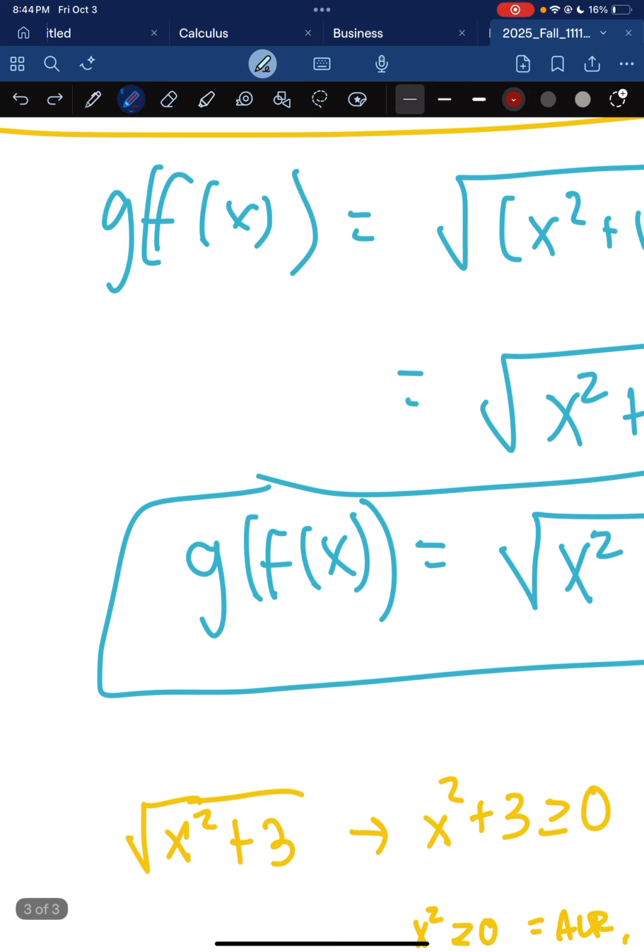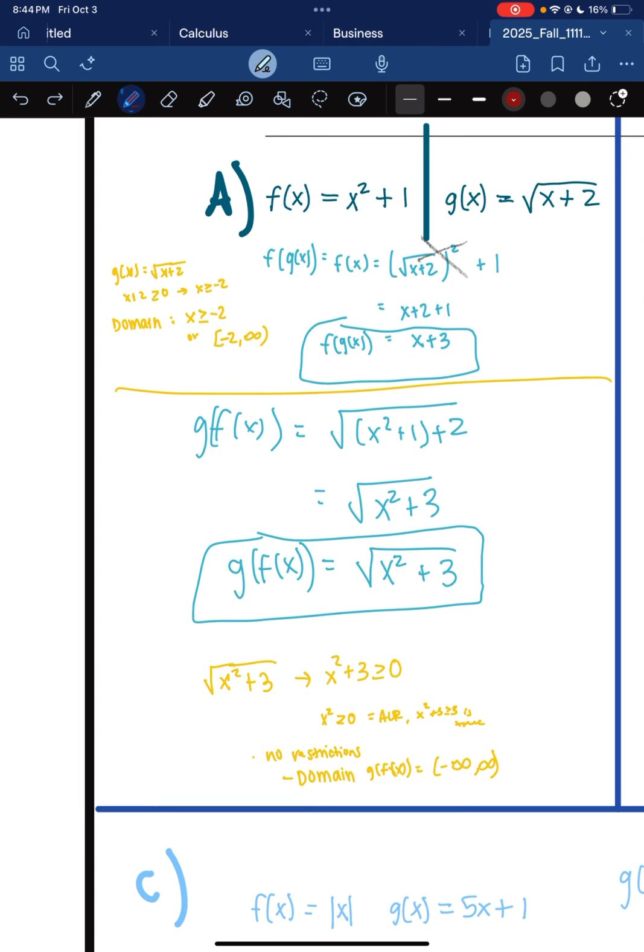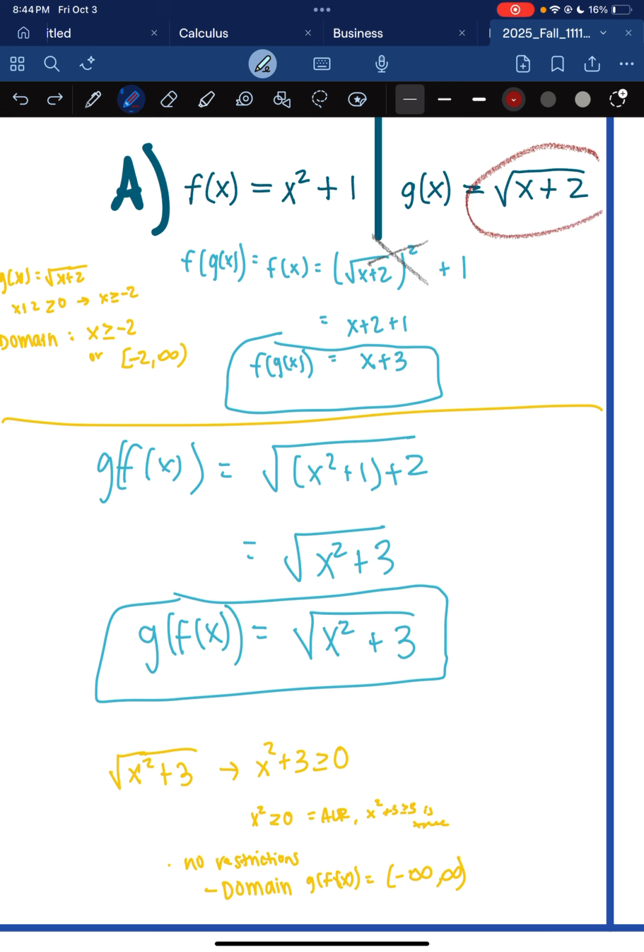Whereas we want to also find g of f of x. So we plugged in this. So that's what we start with. And you see how we have x here? This is acting as our x. So we're going to plug this into that, if that makes sense.